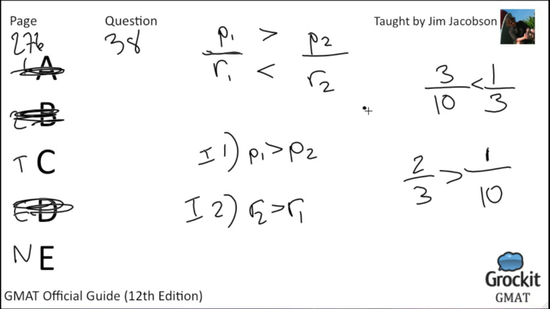That's also why, as denominators get larger, the fraction gets smaller, which is why when you raise fractions that are less than 1 to higher powers, the fraction actually gets to be smaller. Anyway, so the two statements in conjunction give us a clear relationship between the two ratios. The first fraction is larger than the second fraction, and the two statements together are sufficient.